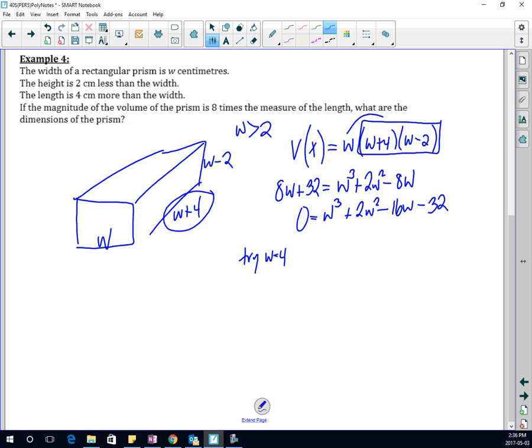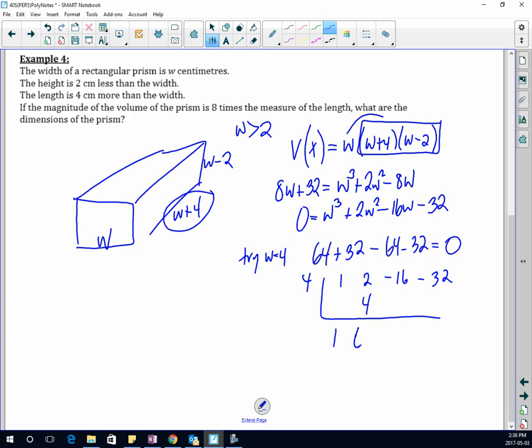Okay. 4 cubed, 64. 4 squared, 16 times 2 is 32. 4 times 16 minus 64 minus 32. Look at that, it works. Right on. Okay, so now we're going to divide by 4. So we get 1, 2, negative 16, negative 32. Bring her down, multiply.